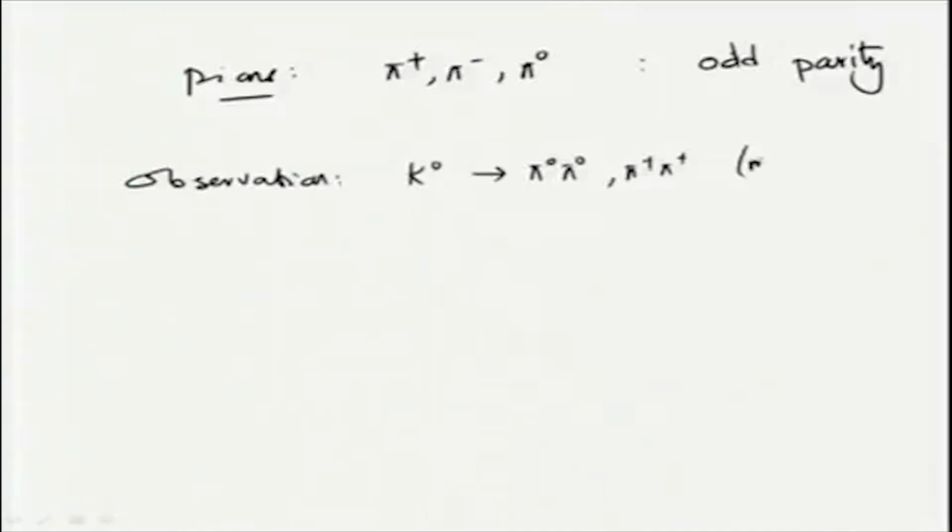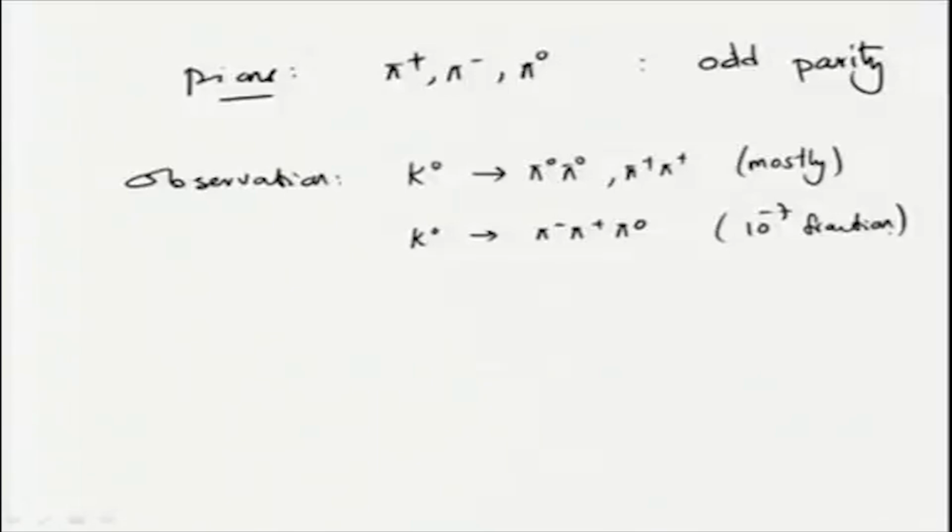It actually mostly decays into this, but there was a small part of this decaying into pi plus, pi minus, pi 0, something like 1 in 10 power minus 7, decays to 3 pions.